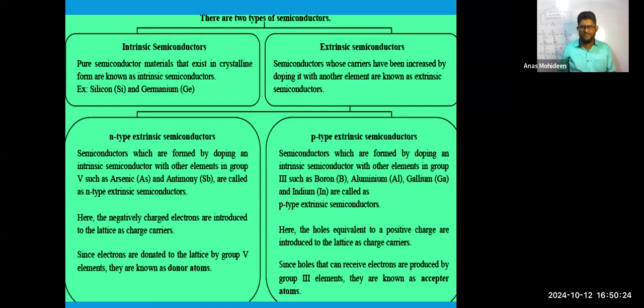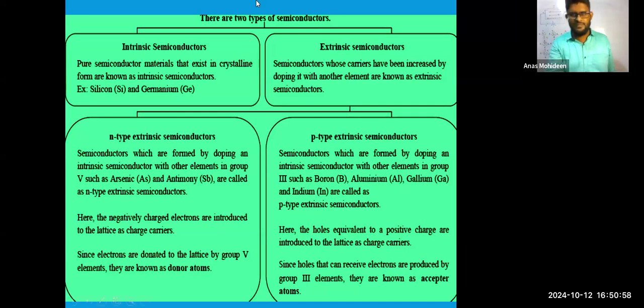What is the meaning of doping? Doping here refers to mixing, a physical combination. So a group 4 element mixed with another element, maybe group 3 or group 5, either side, because 3, 4, 5, right? Either 3 or 5 they are mixing. It is called an extrinsic semiconductor.